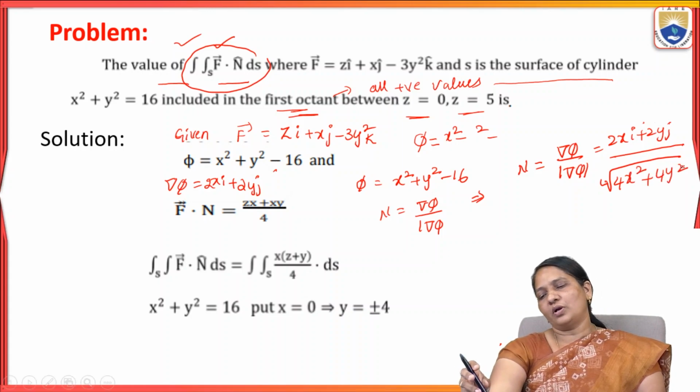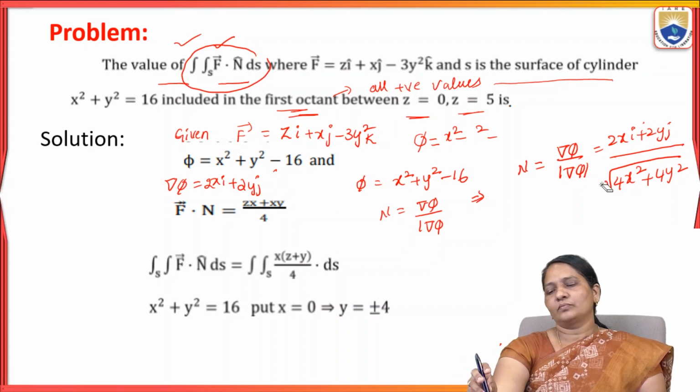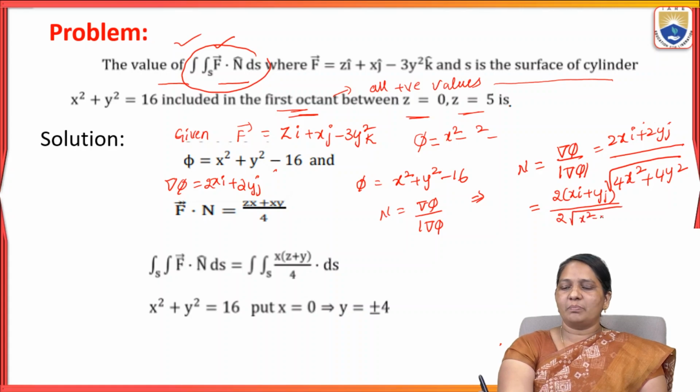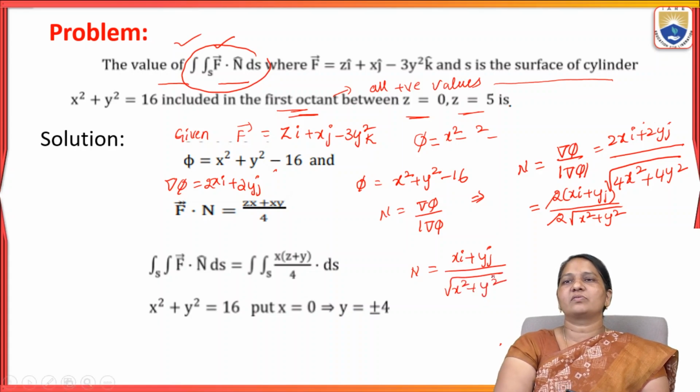I am taking 4 out. So finally this is 2, taking 2 common, (x i plus y j) by 2 root of x square plus y square. So what is the n value? n value is x i plus y j by the square root of x square plus y square.